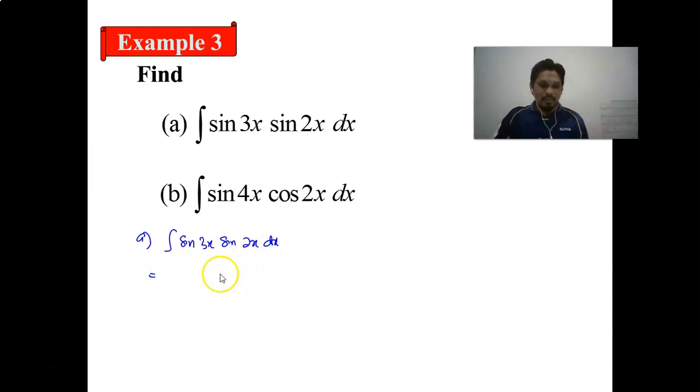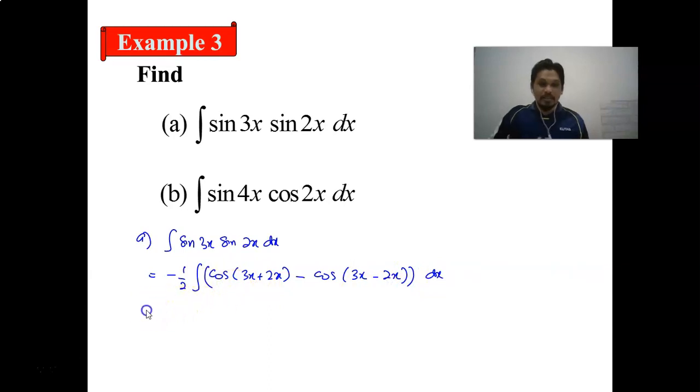Okay, it is equal to negative 1 over 2 integral of cos 3x plus 2x minus cos 3x minus 2x dx.